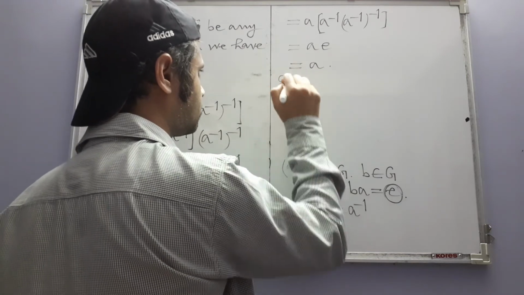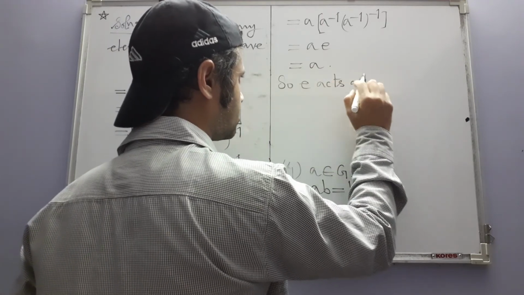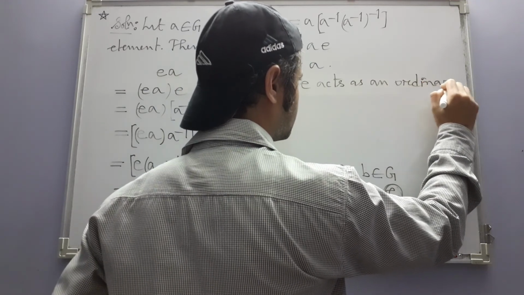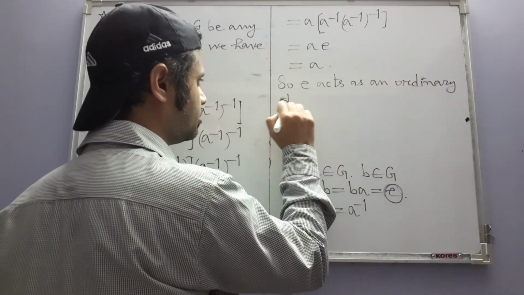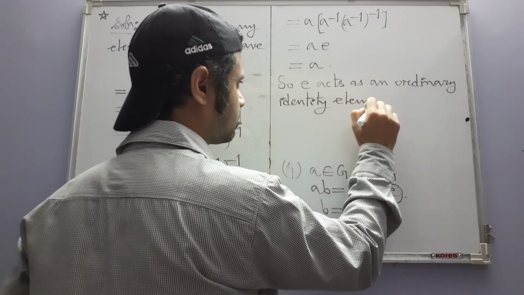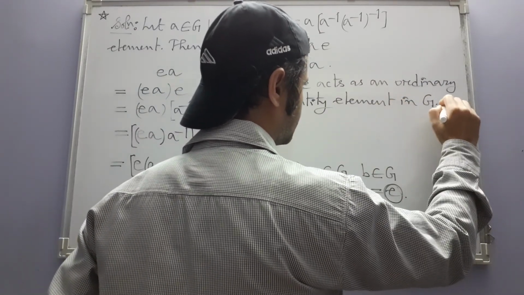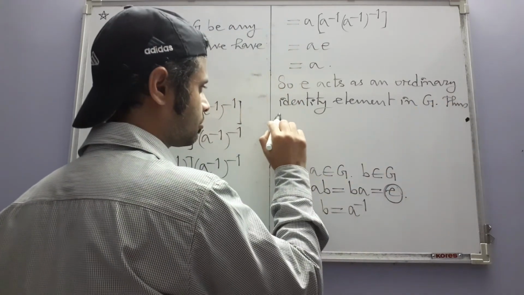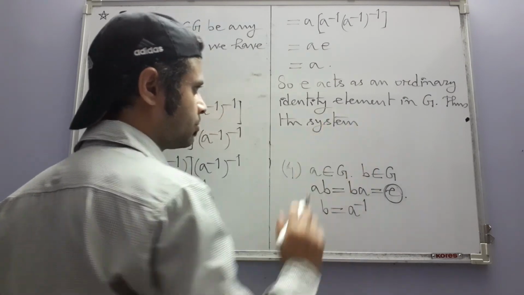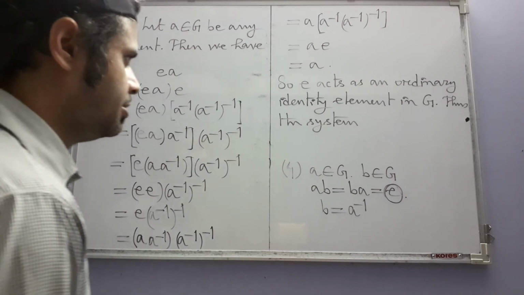So E acts as an ordinary identity element in G. Thus, the system, I am saying G. Do we really have any? Yeah, we do have G here.